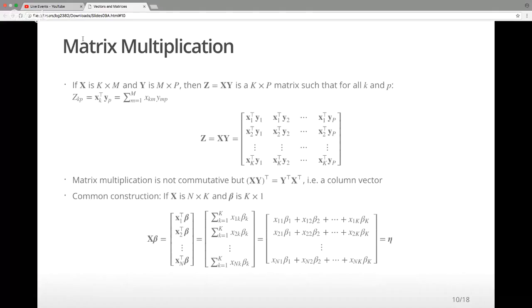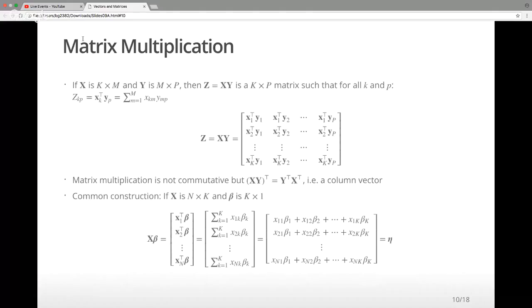Z is going to be a k by p matrix such that for all of its rows, little k, and all of its columns, little p, the element in the kth row and the pth column of the resulting matrix Z is defined as the vector product of the kth row of x with the pth column of y, which is to say it's the sum of the products of pairs of elements in the kth row of x and the pth column of y.